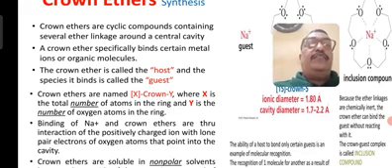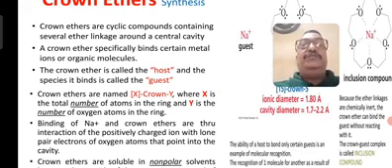Crown ethers are named X-crown-Y, where X is the total number of atoms, that is carbon and oxygen, in the ring system, and Y is the number of oxygens present in the ring system.